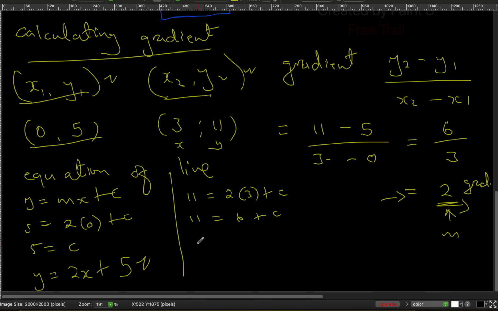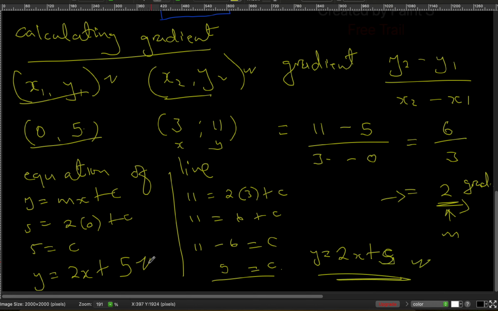I take the 6 to the other side. 11 minus 6 is equal to c. So my c again is still coming through as 5. So I now substitute this in my main equation. y equals m, I got my m as 2, x plus c, 5 now. So this now becomes my equation, just like how we did here.